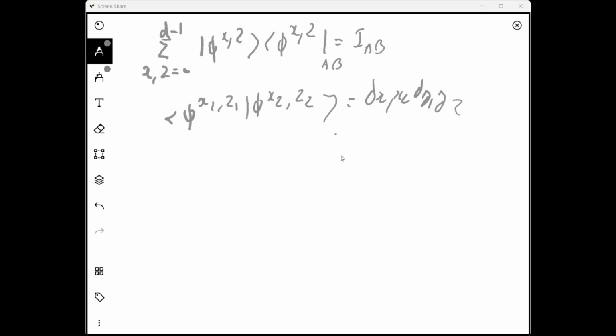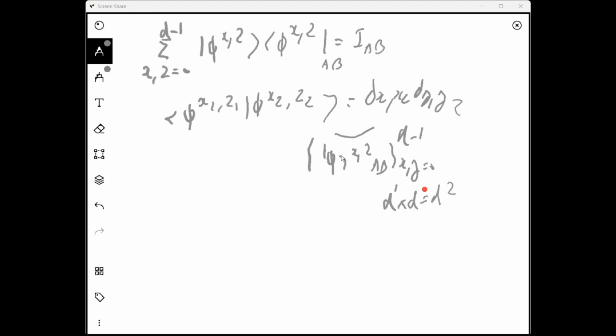our family here of psi z, from xn going from 0 to d minus 1, just creates an ensemble of d squared orthonormal states in a Hilbert space of dimension d squared because it's d by d.